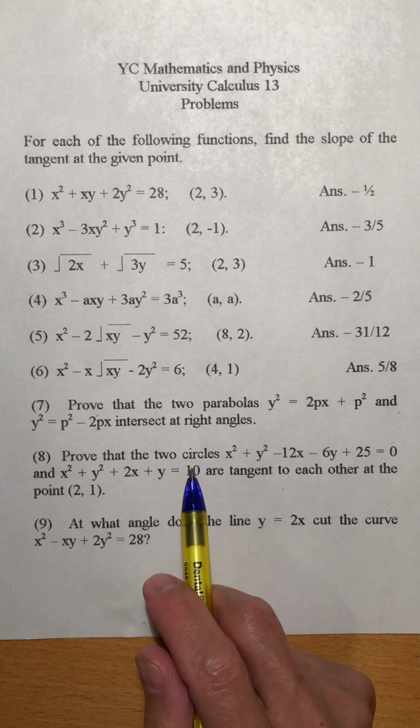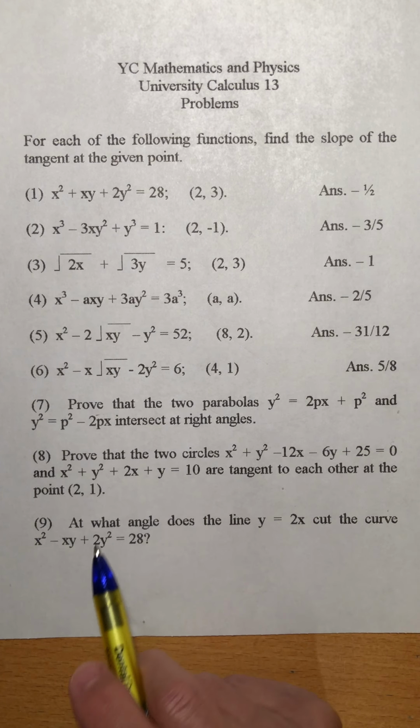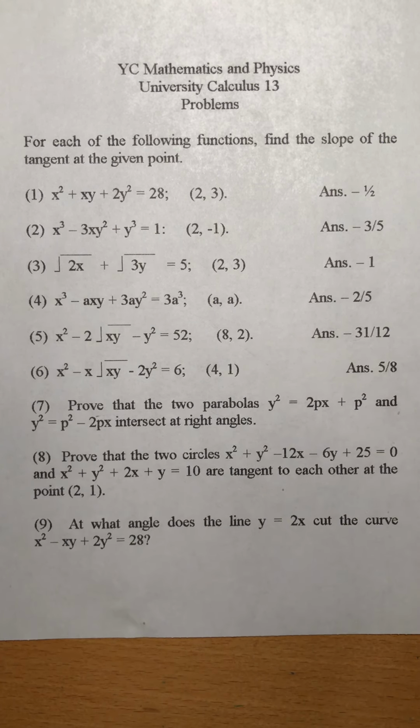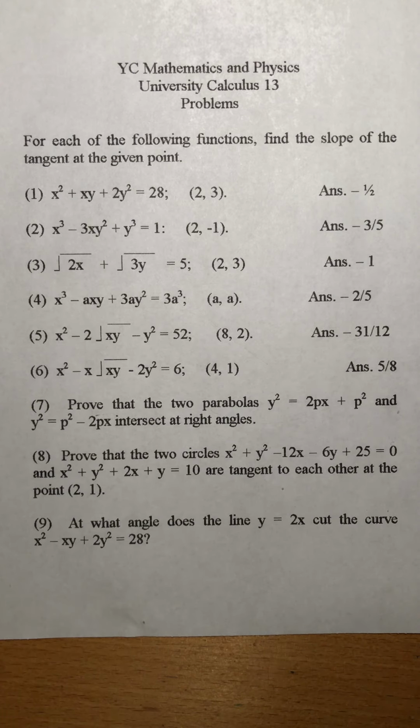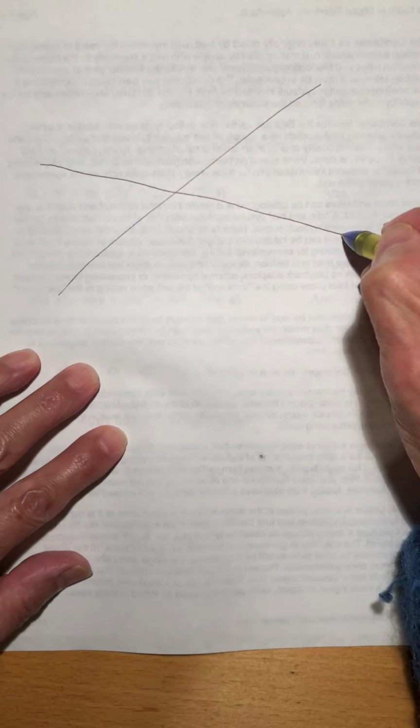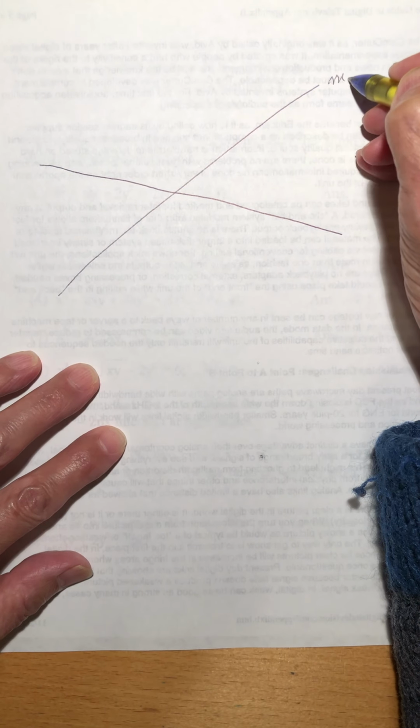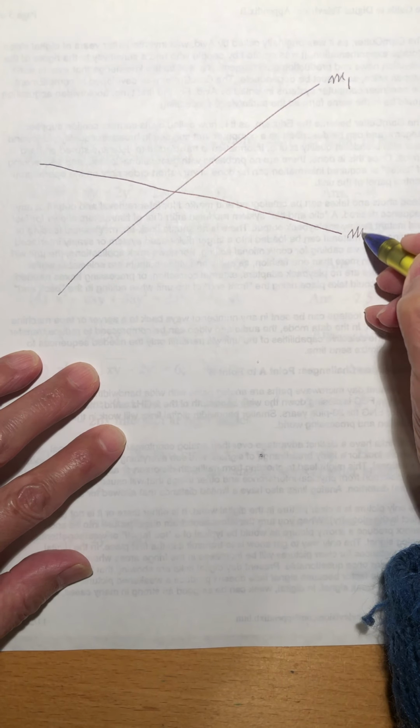So how do you prove the angle if you have two tangent lines? Then we need a formula. If you have two straight lines, the slope of this line is m1, the slope of this line is m2.